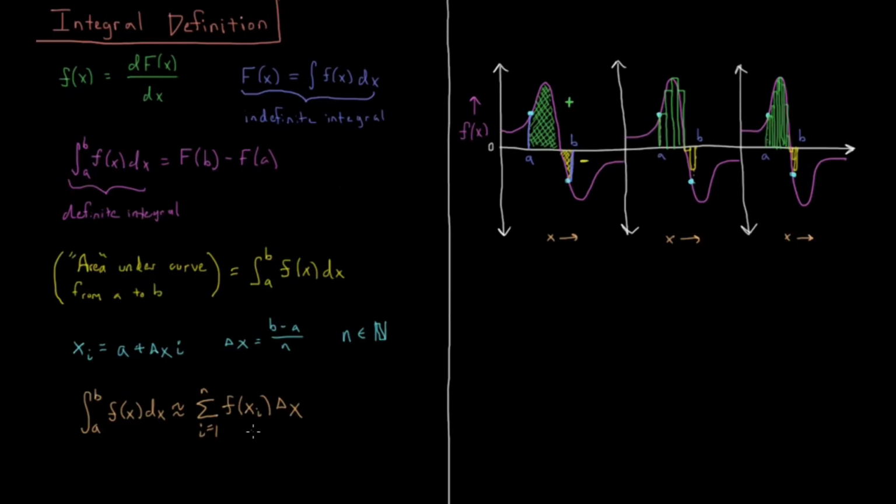So what does this equate to? What we're doing is we're breaking up the function into little rectangles. So delta x is the width of a rectangle, and f of x sub i is the height of the rectangle. So over the entire range that we've got here, we've broken up the function into little rectangles, and we're adding up the area, either positive or negative, of all those rectangles to get our integral.